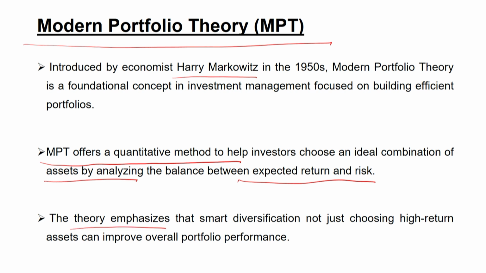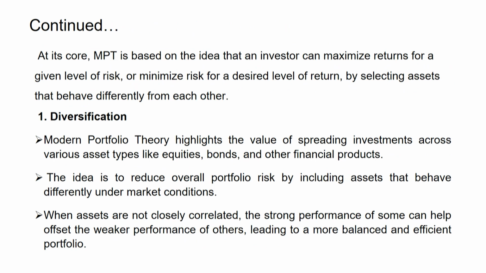So basically this theory emphasizes smart diversification. That means you will not only choose the high return assets that will improve the overall performance of the portfolio, but you will also include some fixed income assets that will balance the risk involved in the high profit making investment avenues.